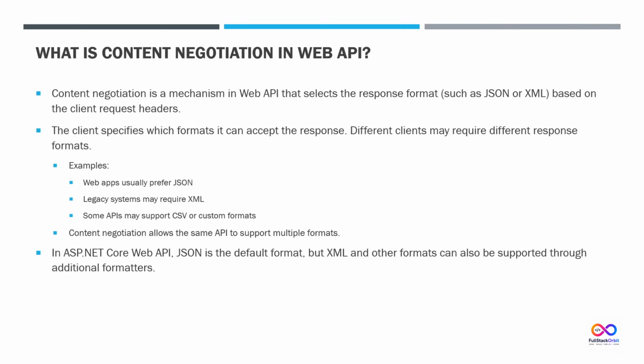That's why content negotiation allows the same API to support multiple response formats without changing the business logic. In ASP.NET API, JSON is the default response format, but XML and other formats can also be supported by adding the appropriate formatters. Now let's understand how content negotiation works using this diagram.